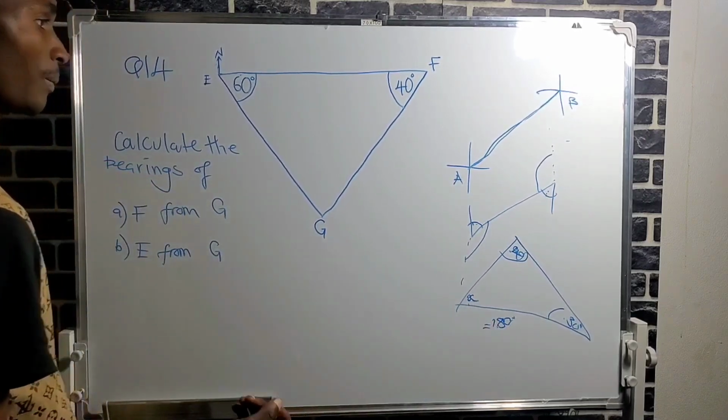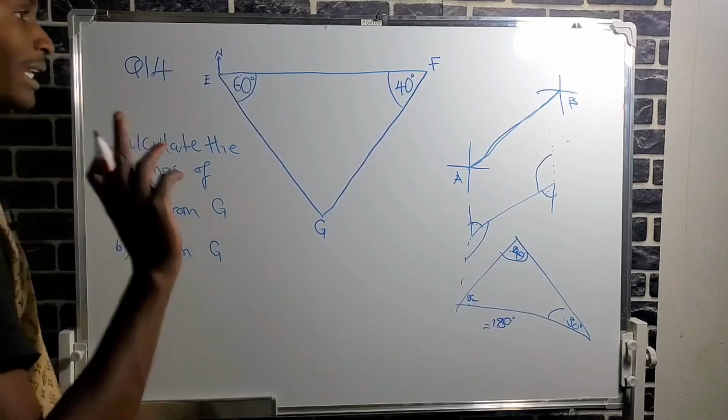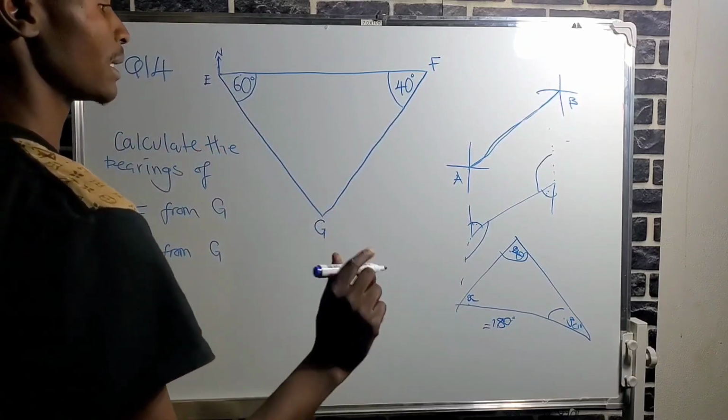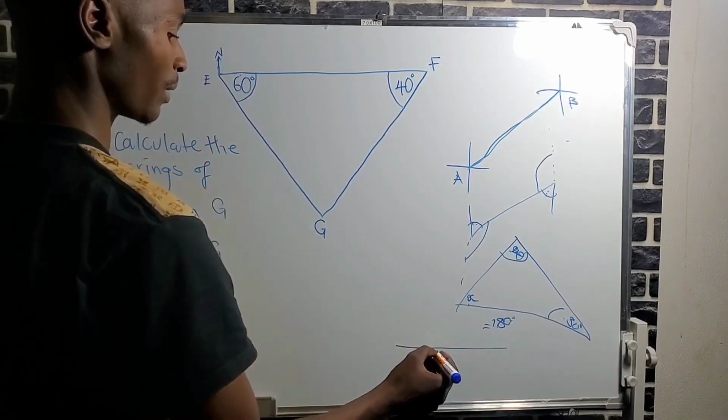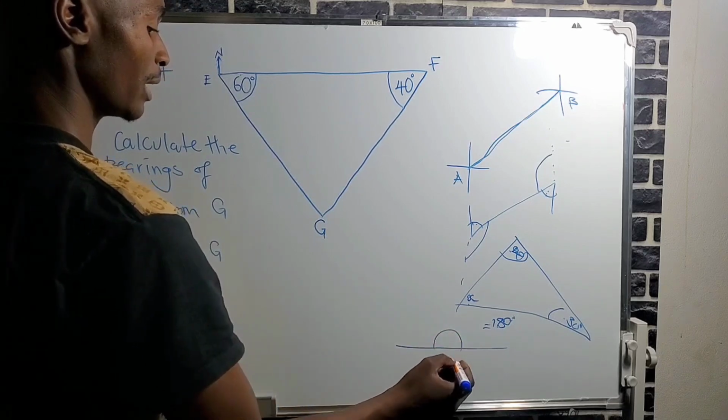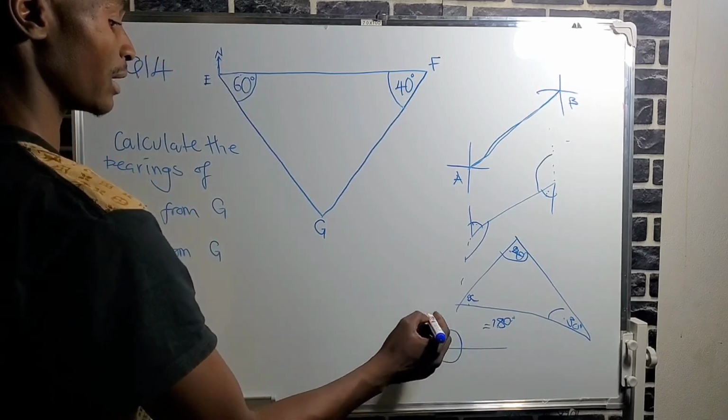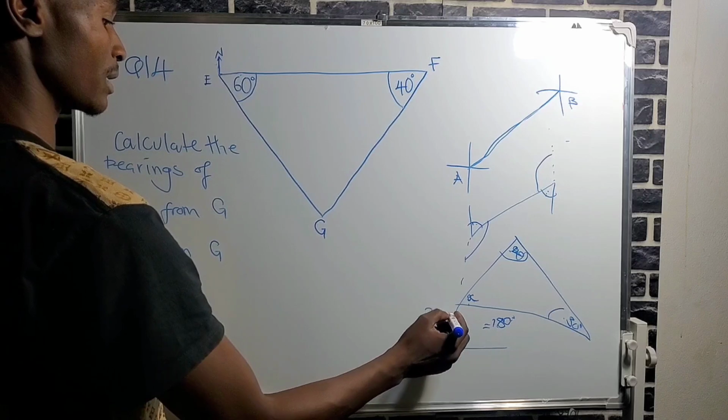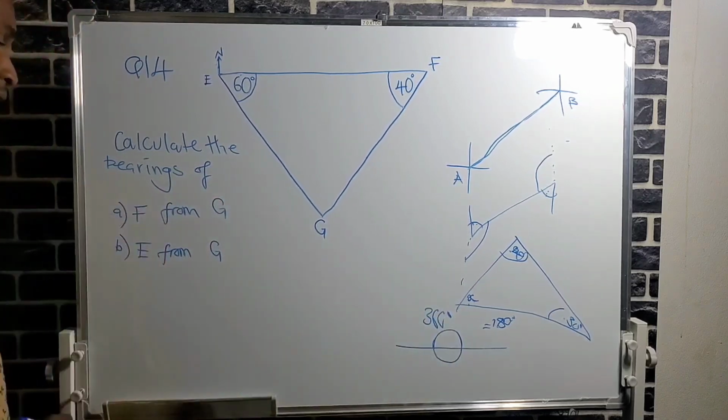That is simple. But understand that a straight line is 180, and a complete turn is 360. Let's attempt this question.